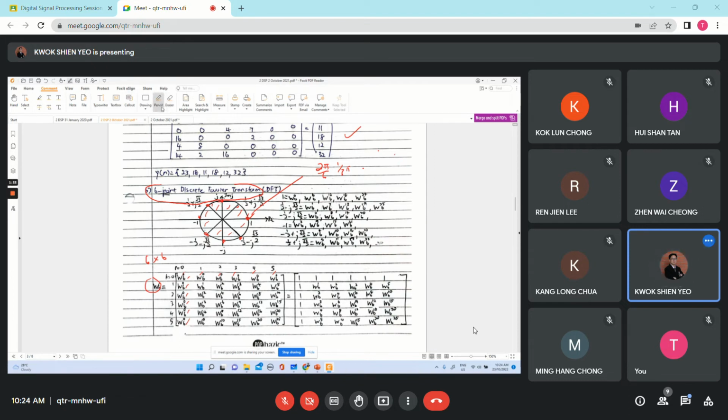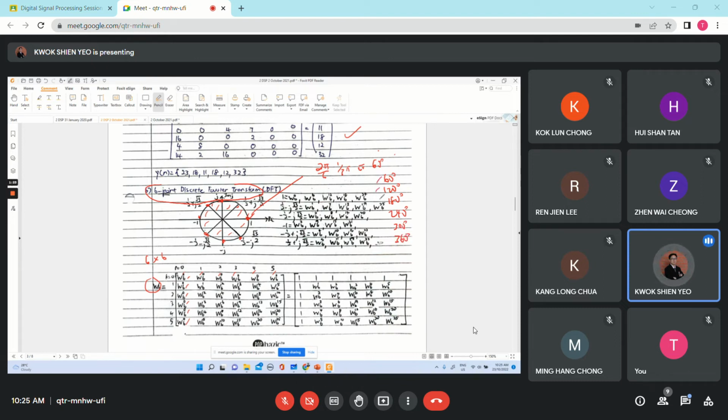So if you want to section this 2 pi circle into 6 points, it is 2 pi divided by 1/3 pi, which is 60 degrees. So the first one is 60 degrees, 120 degrees, 180 degrees, 240 degrees, 300 degrees and 360 degrees.